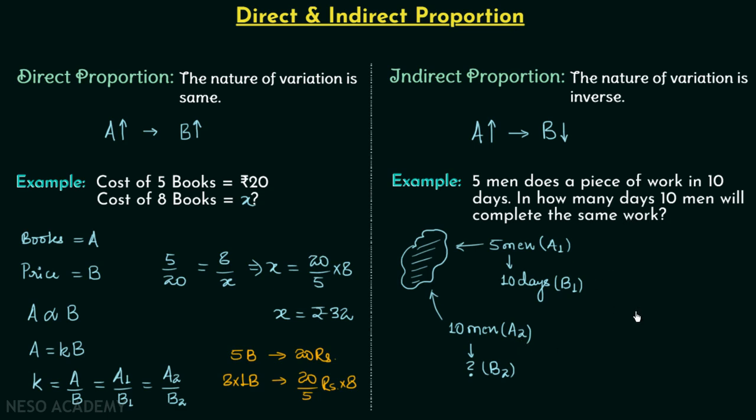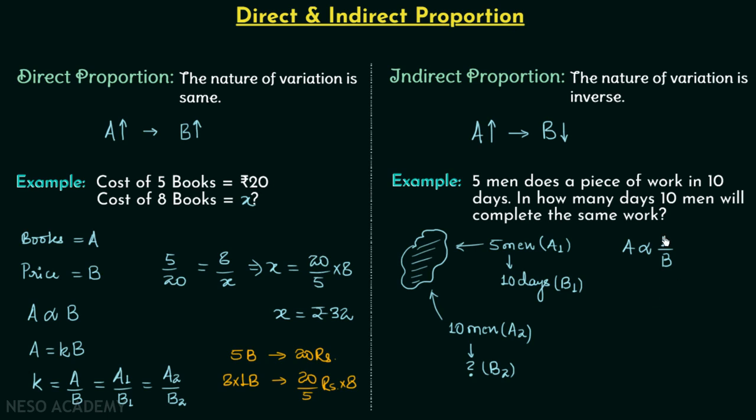Now let us shift our focus on finding out the number of days 10 men will take to complete this work. We know they are inversely proportional. So we will have proportionality sign and the other quantity will be inverse. Here it was not inverse because we had direct proportion, and here it is inverse because we have indirect proportion.